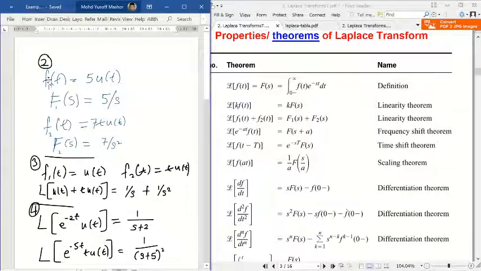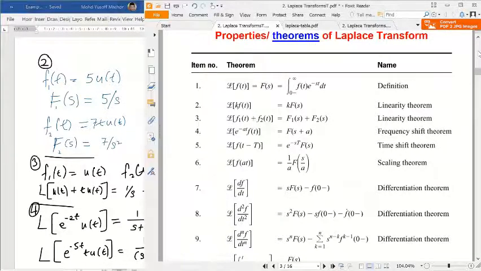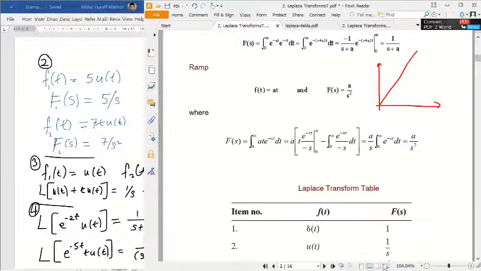Let's say we have the function f1 equal to 5u(t). You probably recognize that u(t) is a step function. The step function in Laplace domain, from the table, is equal to 1 over s.